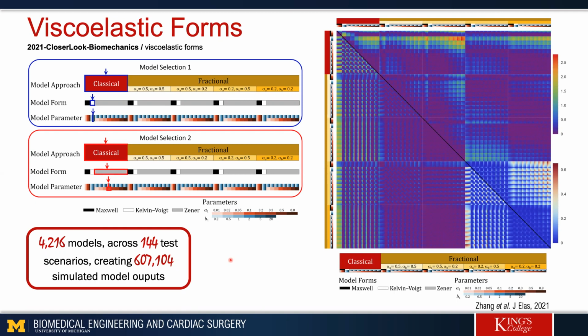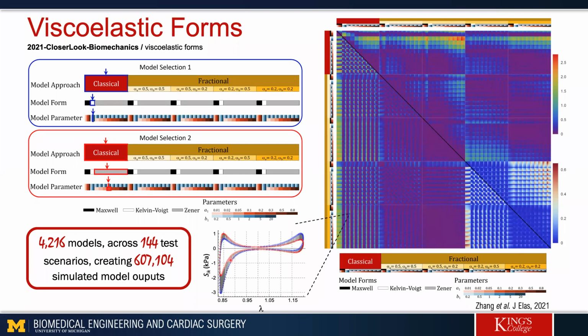In this color map here, the color is representative of the error, or the difference between two stress responses for a given pairing of models. The rows represent the different model forms that you can see in these color bars, and the columns represent, again, these different models.